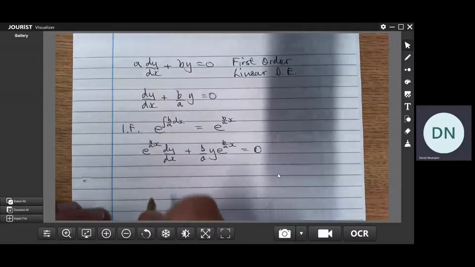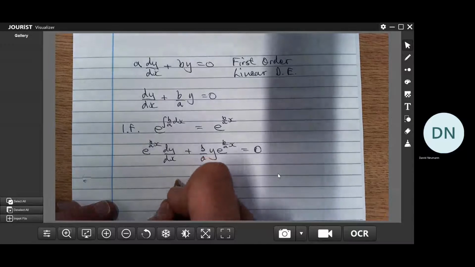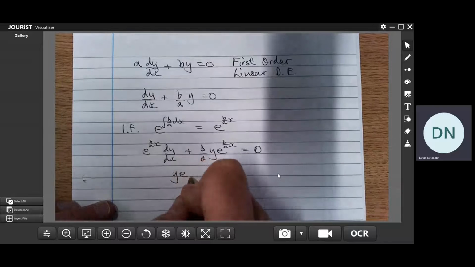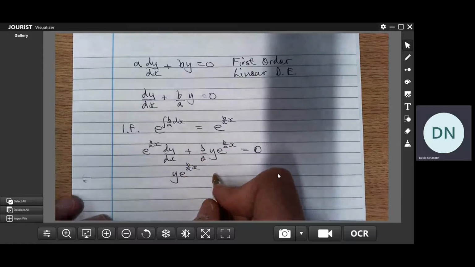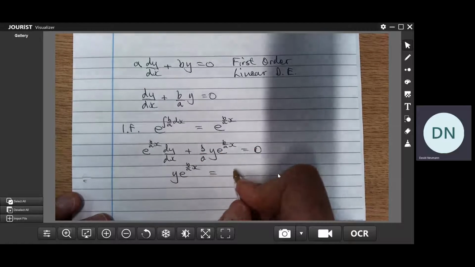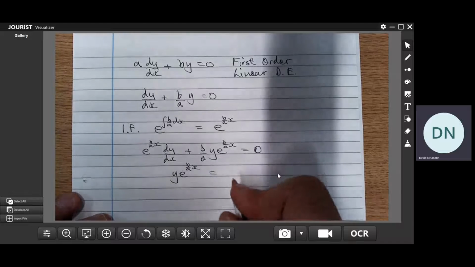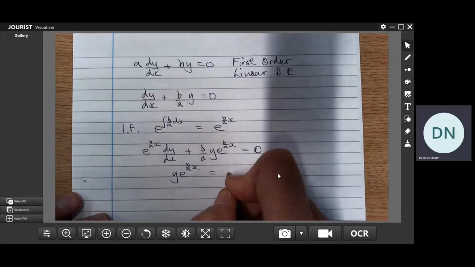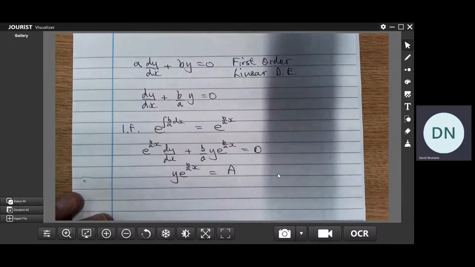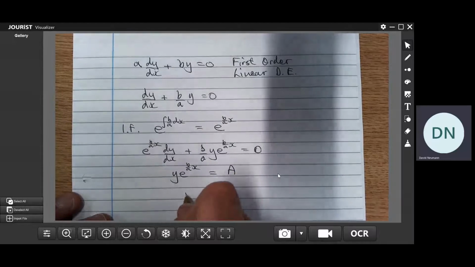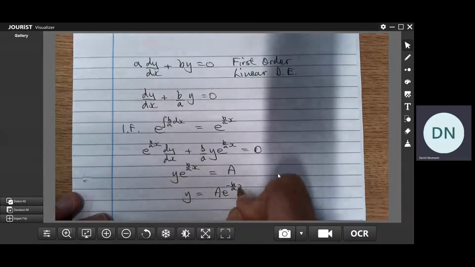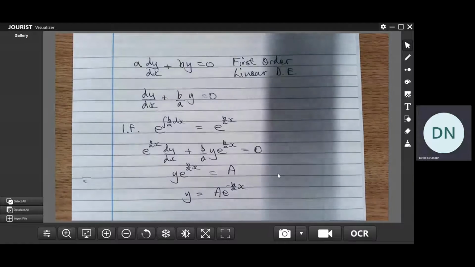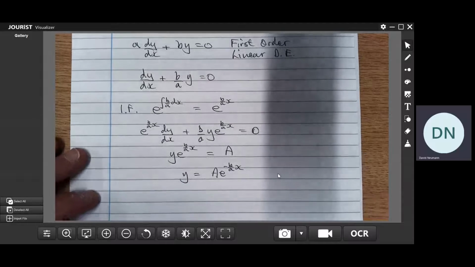We can integrate this and we get y e to the b over a x equals, integrate 0, we just get a constant of integration, which I'm going to call a. So y is equal to a e to the minus b over a x. So perhaps not surprisingly, we get an exponential function.